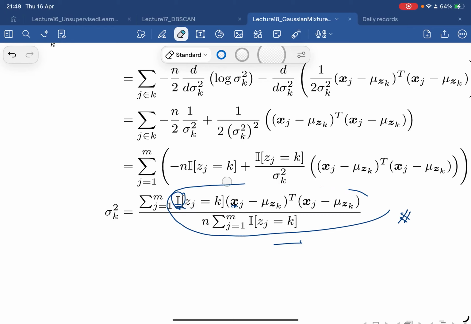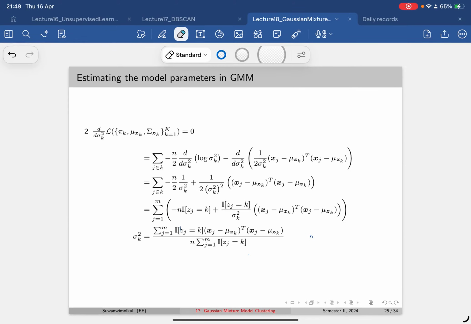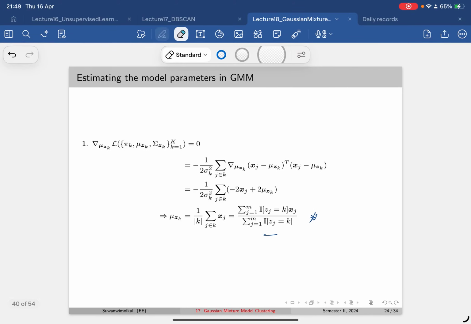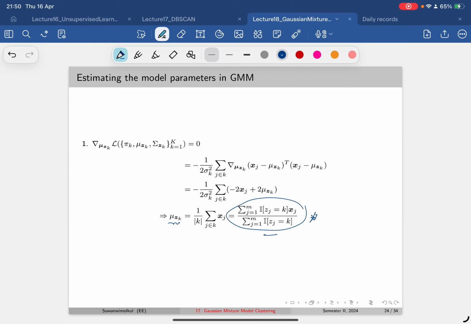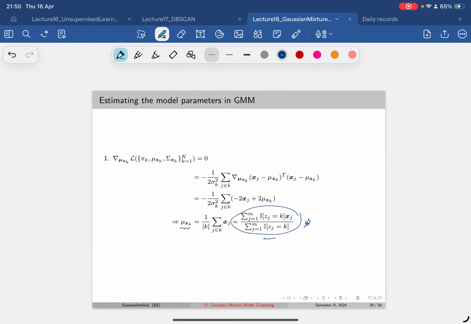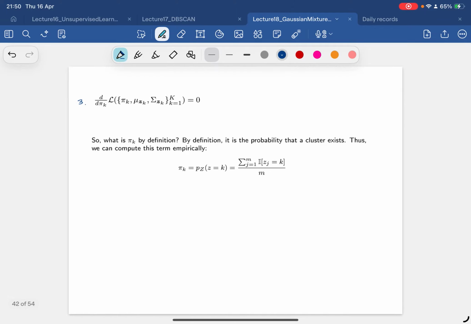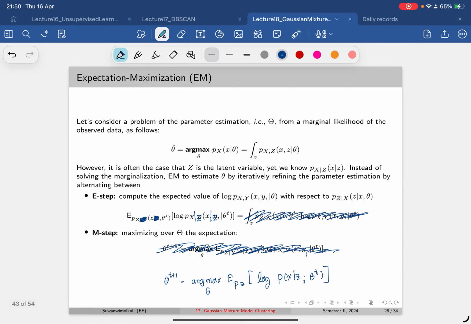That's how you estimate the variance of a k cluster. Likewise, for the centroid or the mean of the k cluster, you do the same thing: you just average the values of the points in that k cluster. But for this one, as I mentioned before, you just use a rule of thumb because you can't really find it in closed form.